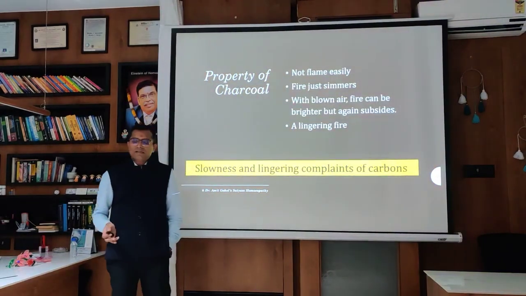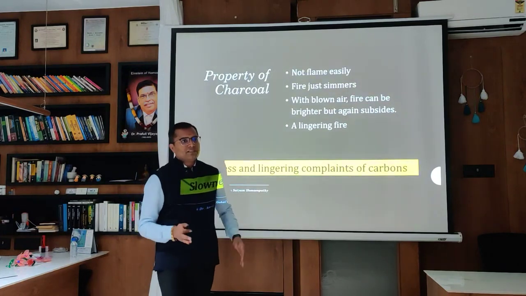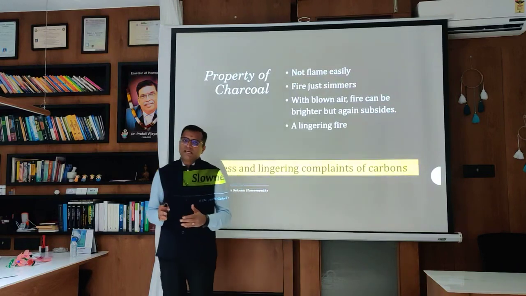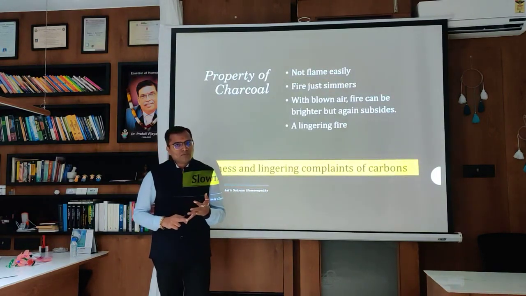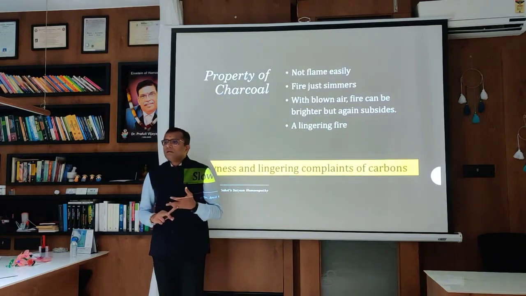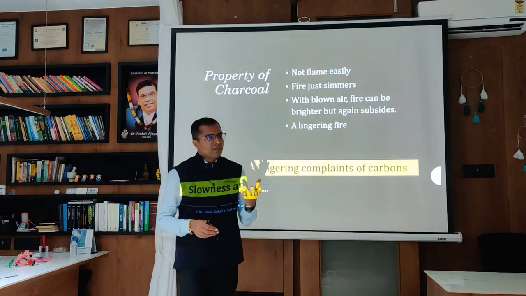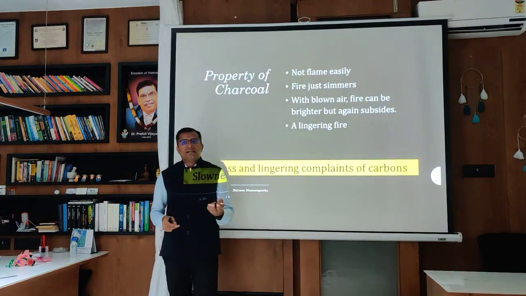We have to understand carbon as a pure form, and when we understand carbon as a pure form, we have to understand charcoal. Charcoal can be derived from two components, either from the vegetable form or from the animal form. What is charcoal? When wood burns and finally the black part remains, that is called charcoal. So what is that charcoal?